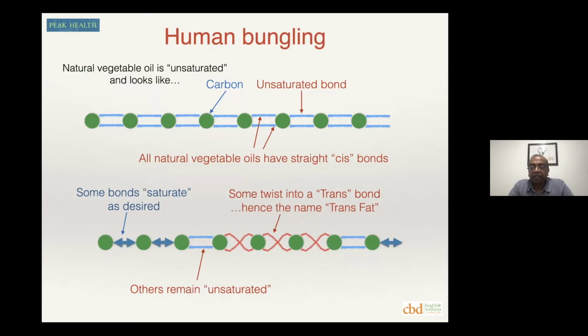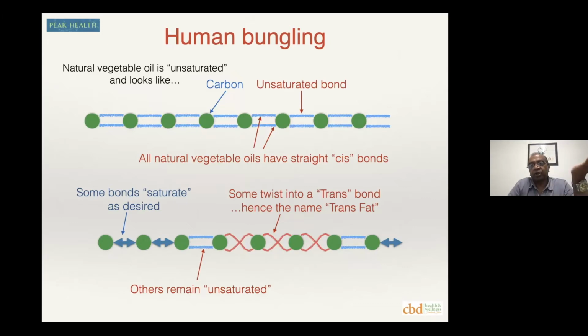The only real difference between a vegetable oil and cow milk or cow fat is that vegetable oil has double bonds, with less hydrogen, and the animal fat has single bonds, which have more hydrogen.